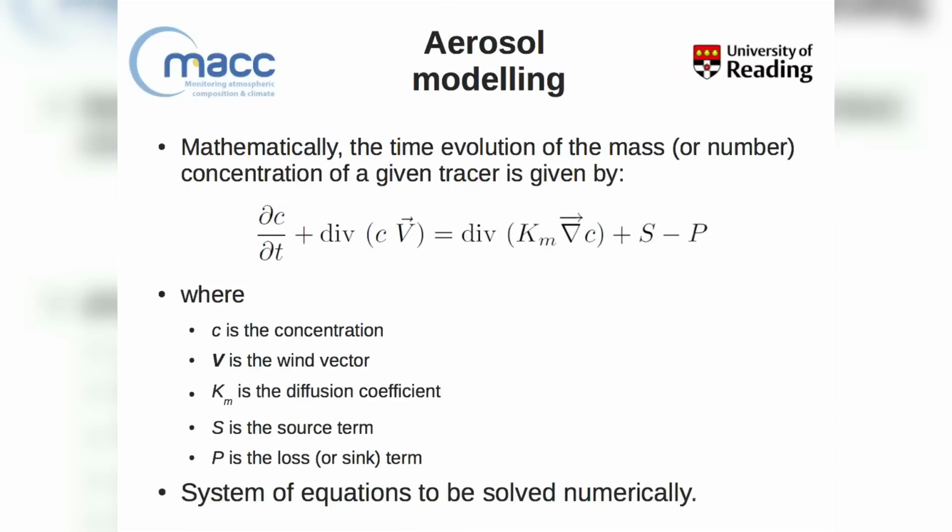Then, of course, you've got a source term, which gives you the aerosols that are added at each time step of your model, and a sink term, which measures the losses in aerosol mass or number at each time step.